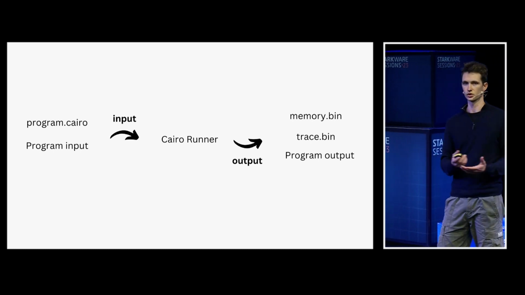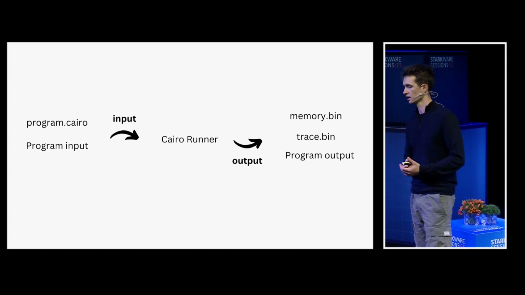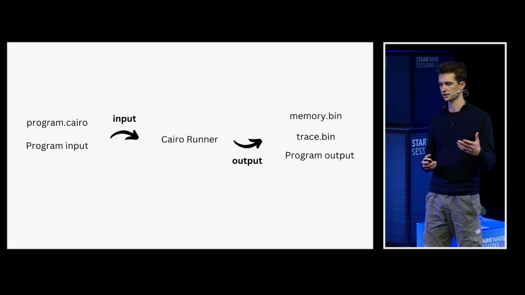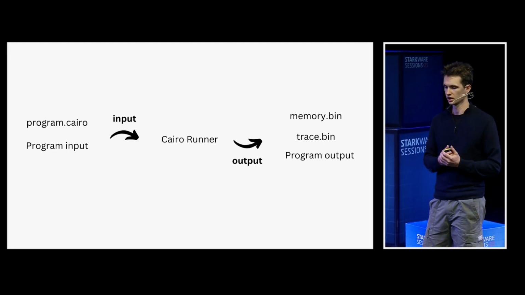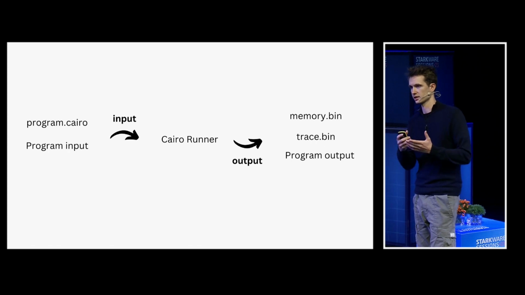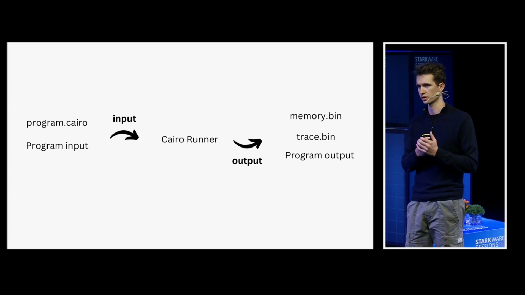So this is like you would have with Python. You basically run it, and you get some output. Except with a Cairo runner, you don't just get some output. You also get memory.bin and trace.bin. And these are going to be essential for the prover. memory.bin contains all the address value pairs for all the memory accesses that happen during execution of this program.